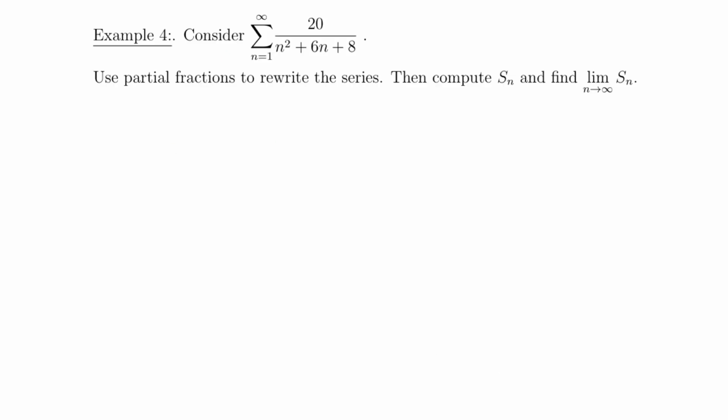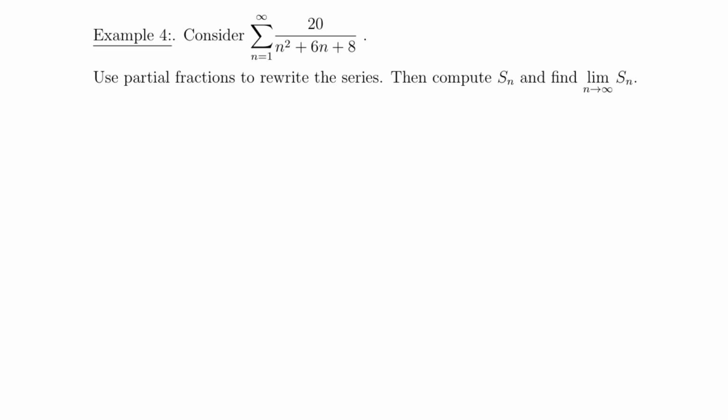So then we want to look at this guy right here. Let's consider this infinite summation, n equals 1 to infinity of 20 over n squared plus 6n plus 8. Notice the key to having the last guy telescope was that we had our original series equal to a sum of two separate things, so they canceled each other, right?